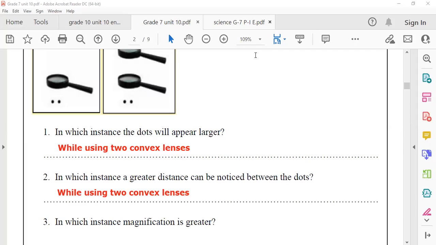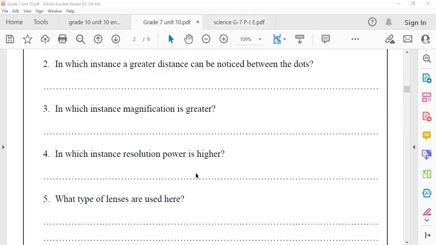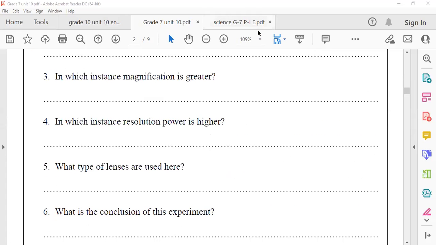Right. Now, in which instance is magnification greater? While using two convex lenses, correct? In which instance is resolution power, the gap between the dots, greater?